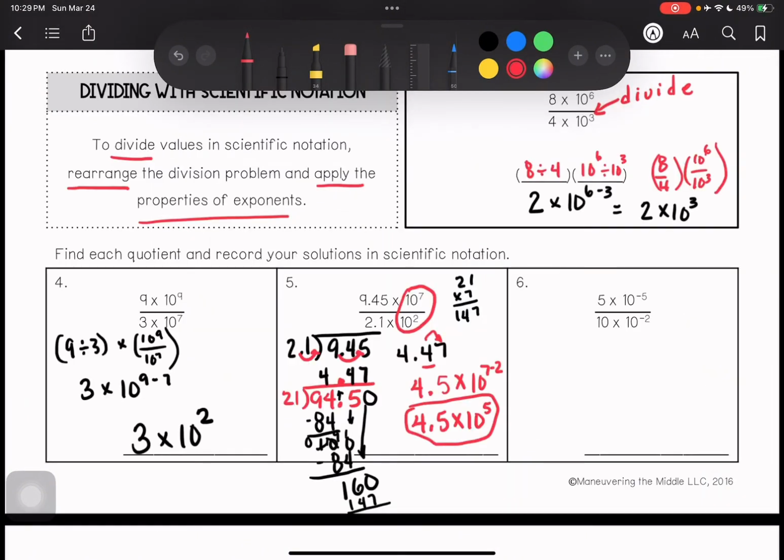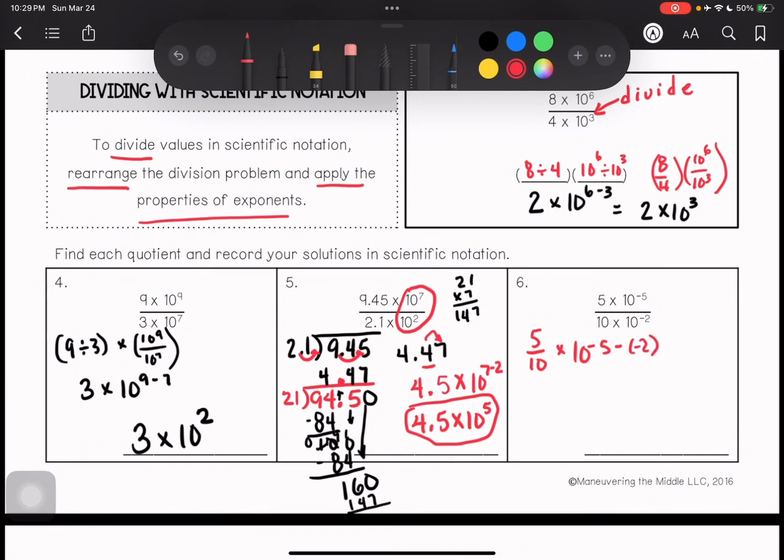Number 6, we're going to divide 5 divided by 10. Or we can actually write that as a fraction so you all can see how easy it is to simplify this one. Times 10 to the negative 5 minus a negative 2.